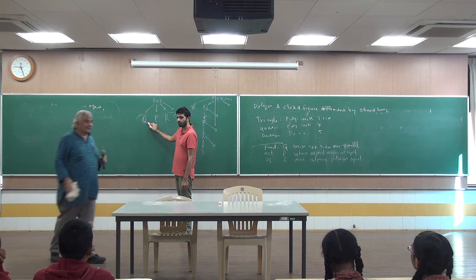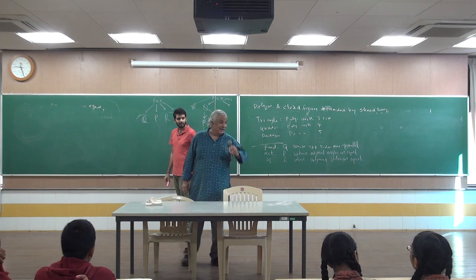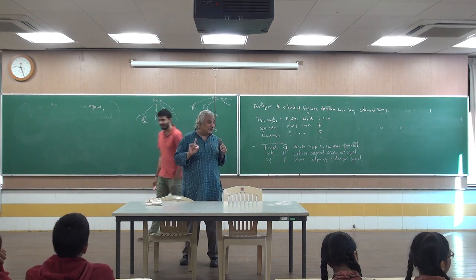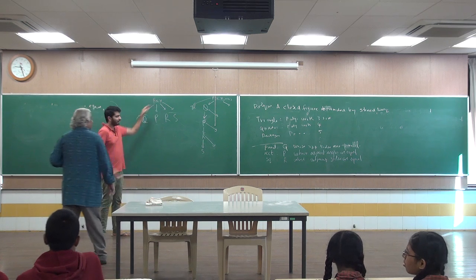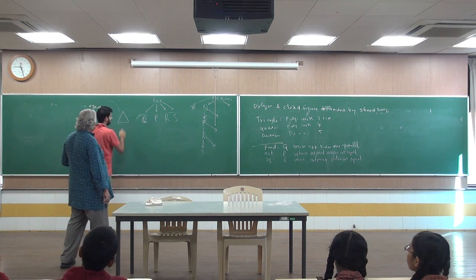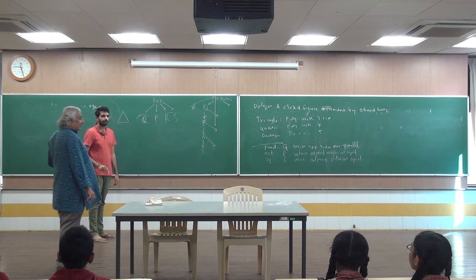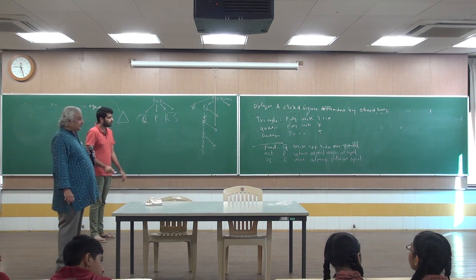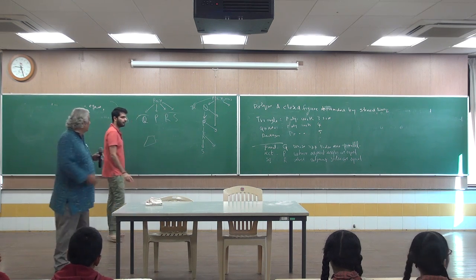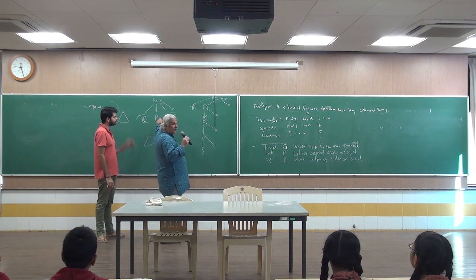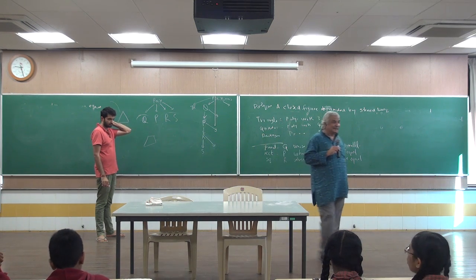A polygon which is not a rectangle or a square or a triangle. But you haven't defined rectangles and squares and so on. But then this is a quadrilateral. No, we only want things like this to be quadrilateral. If you want this one, how will you define quadrilateral?